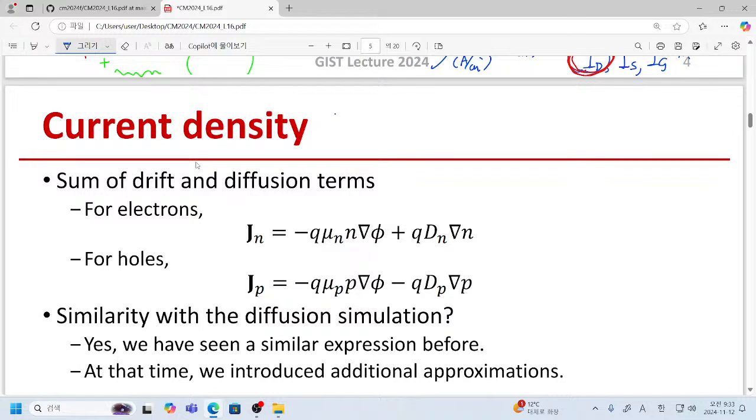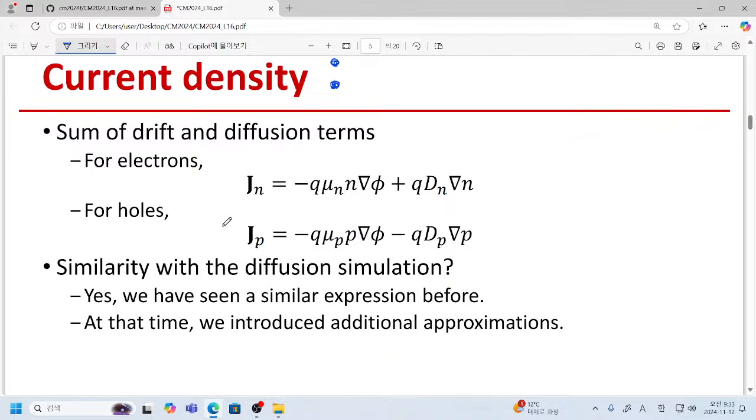So then in the device simulation, of course, there can be many different forms of current density. There have been many different forms, but let me just show you the simplest one and the standard one. This one is called drift diffusion. When you have a look at these two forms for electron current density and hole current density, you can identify two different terms. One term is related with the gradient of your particle density.